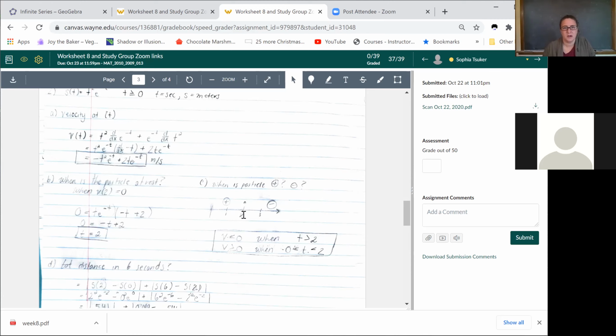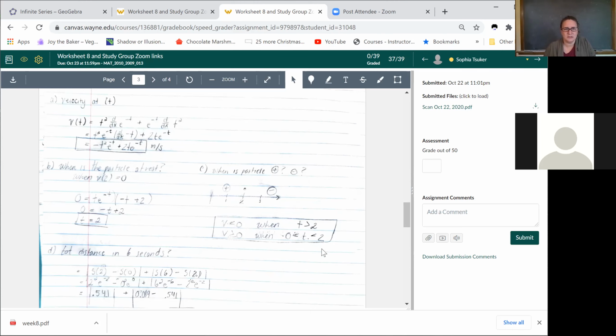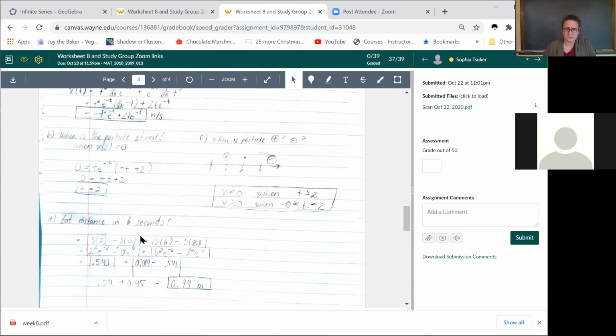It's positive, and then at 2 it turns around. So given that's the situation, if you want the total distance, you have to break it up at 2 and consider how far the particle goes from 0 to 2, and then how far the particle goes from 2 to 6, with absolute values here. And then that's what you get.